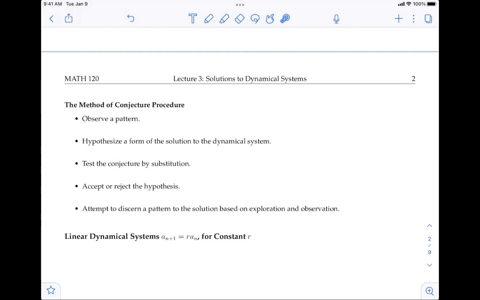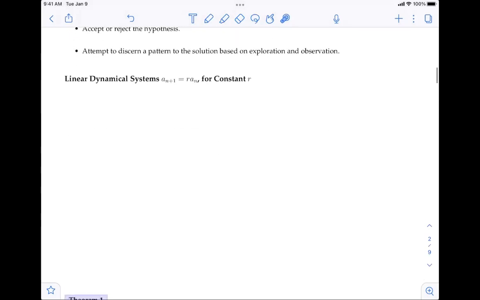Okay, so let's continue with the next topic, which is the linear dynamical system of the form a sub n plus 1 equal to r times a sub n, right?